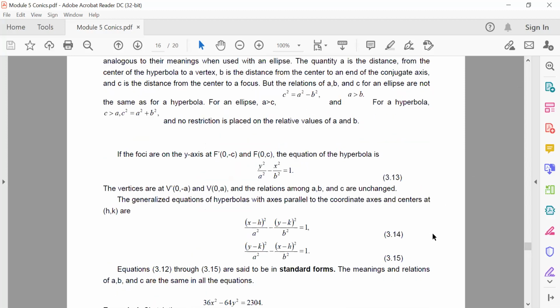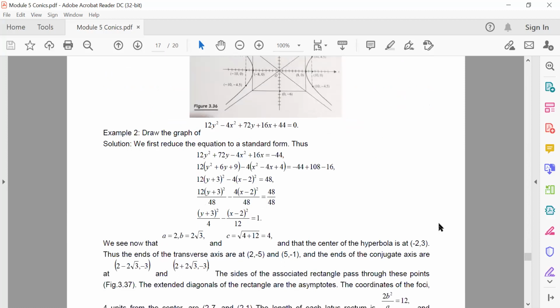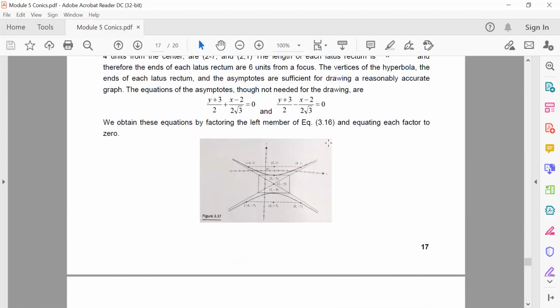Okay, is this it? Center at 2, negative 3. The coordinates: 2, negative 1 and 2, negative 5, that is the conjugate axis.